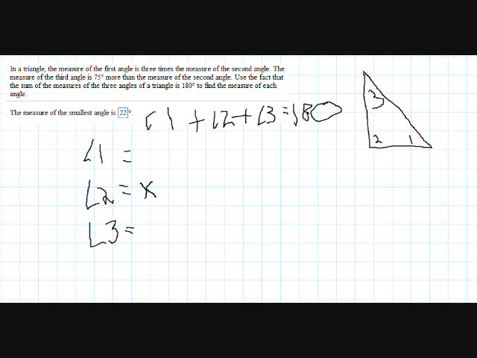Then it says, first sentence, in a triangle the measure of the first angle is equal to 3 times the measure of the second angle. So angle 1 is 3 times angle 2, so that's 3x.